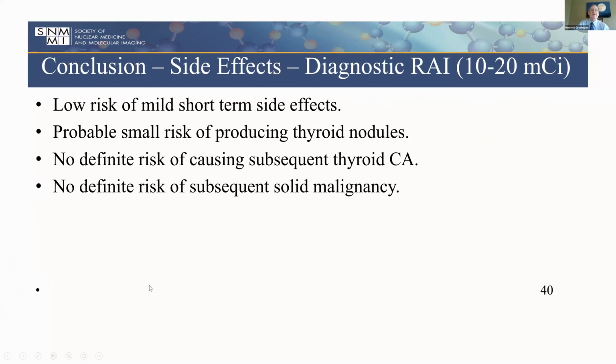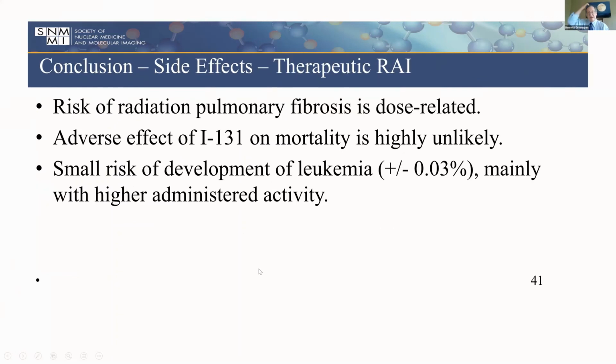So in conclusion, there's low risk of mild short-term side effects, probably a small risk of producing thyroid nodules, no definite risk of causing subsequent thyroid cancer, no definite risk of subsequent solid malignancy. This is for diagnostic administration, which is generally in the order of 10 to 20 millicuries. As far as radioactive iodine for thyroid cancer, the risk of radiation pulmonary fibrosis is dose-related.